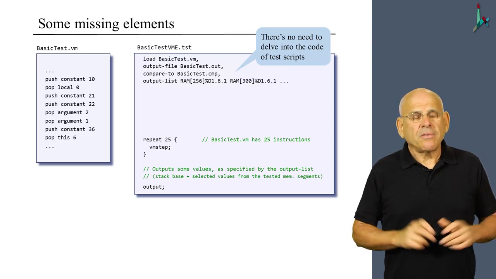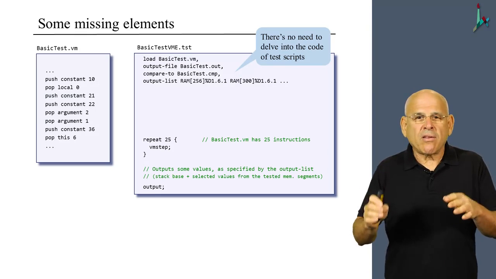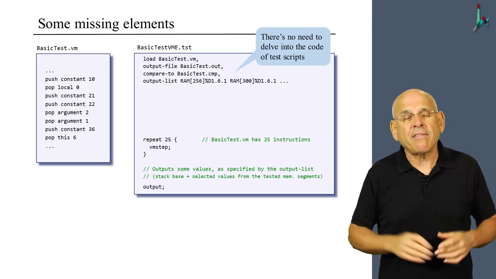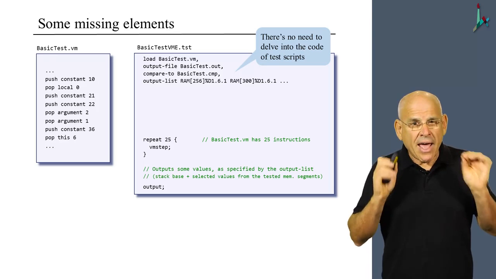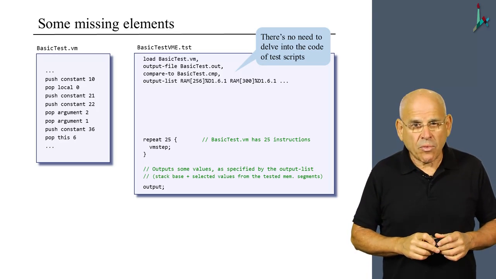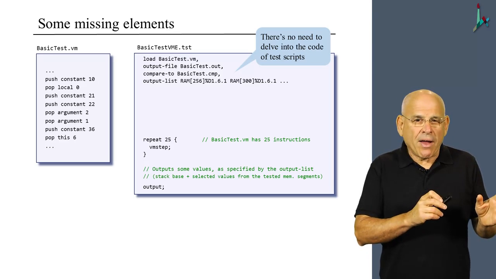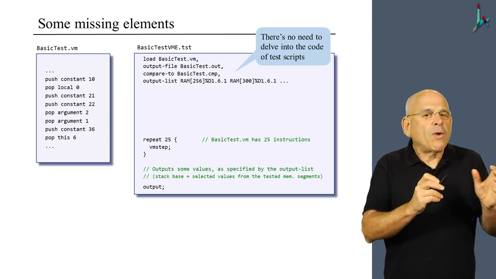Now, as it turns out, because we split the development of the VM translator into two stages, Project 7 and Project 8, in Project 7, there are some missing elements that have to be dealt with. In particular, the programs that we run in Project 7 are not really programs.